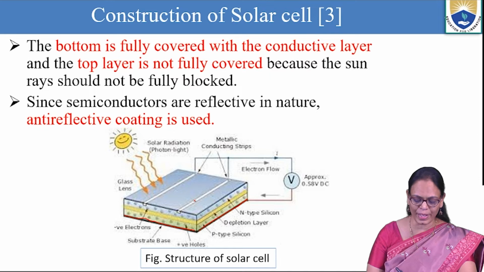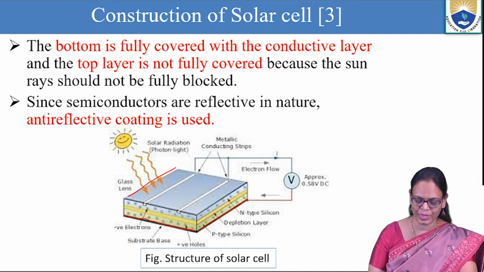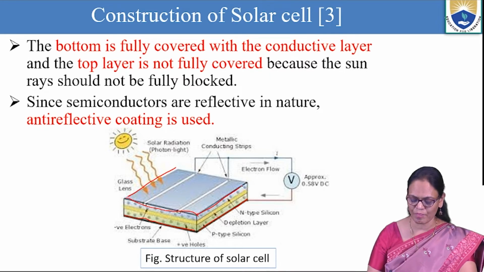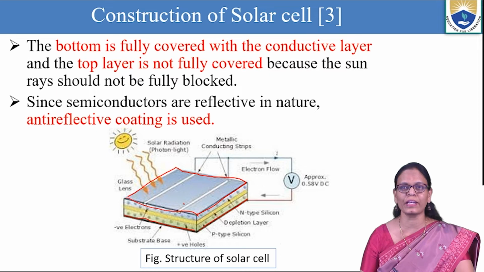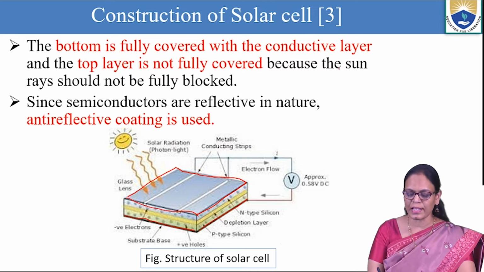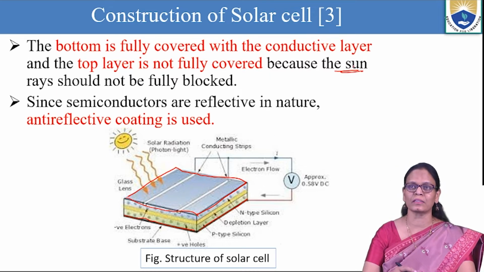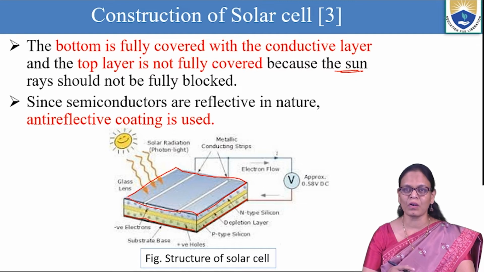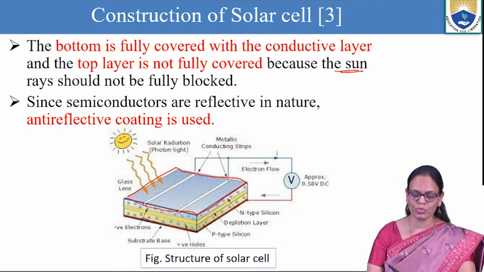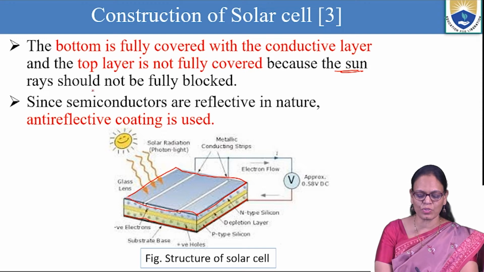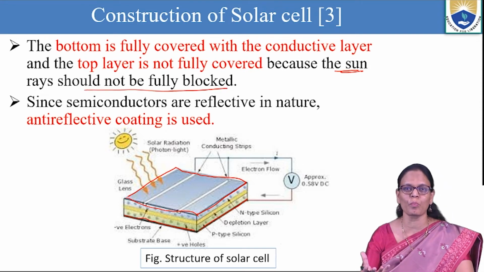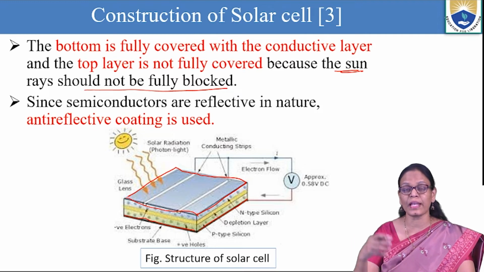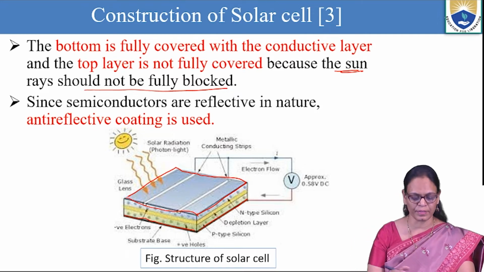But this top layer, if you see, is not fully covered. Why we are not fully covering it is because the sun's rays have to enter into the cell through this end, and these rays should not be blocked. So we are not covering it. We are keeping some openings so that the sun rays can penetrate inside.